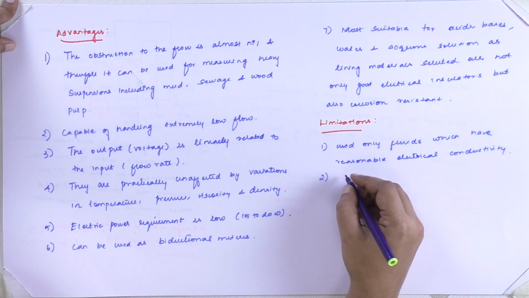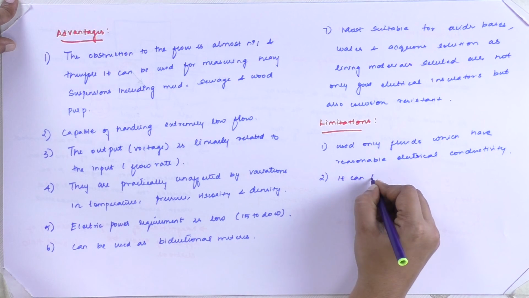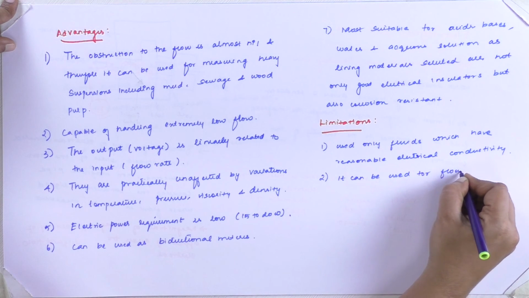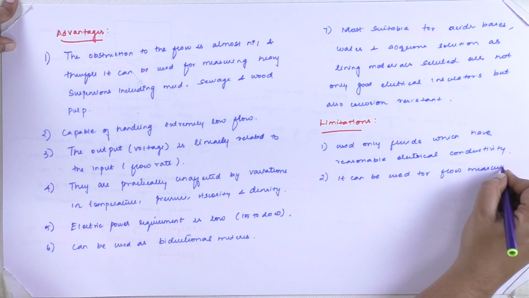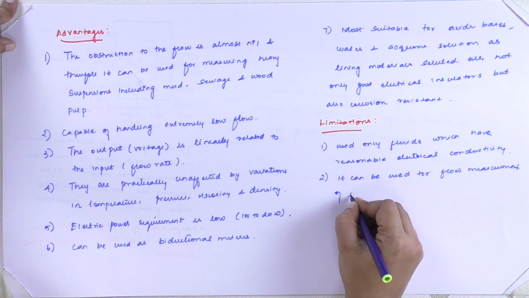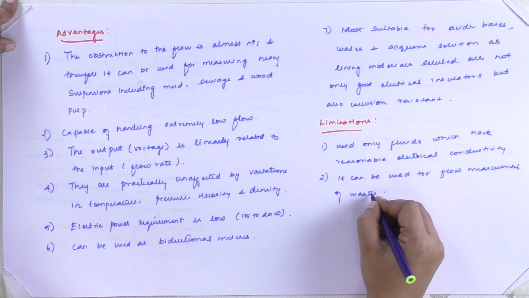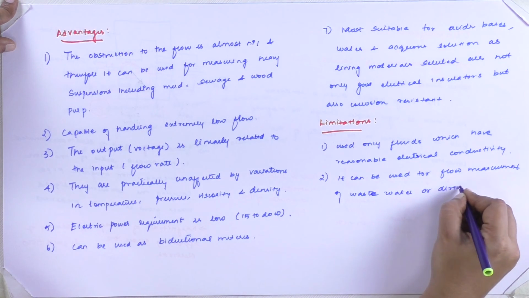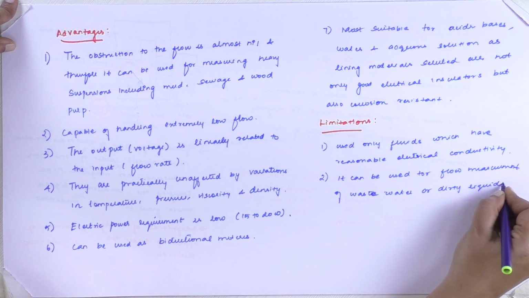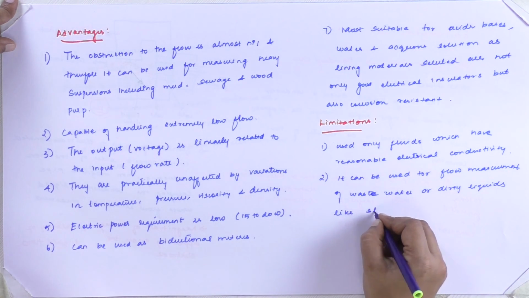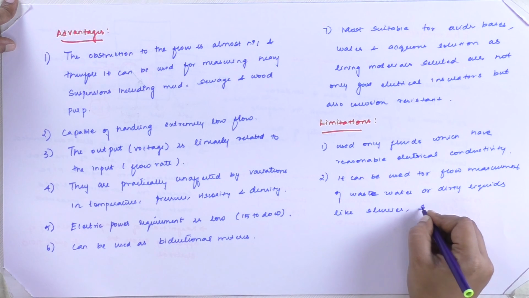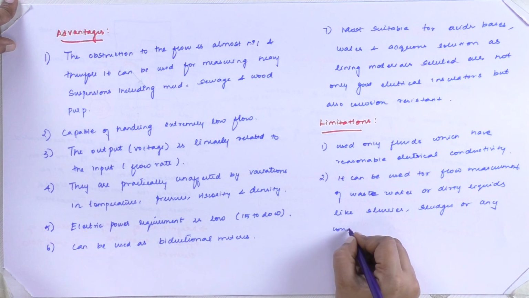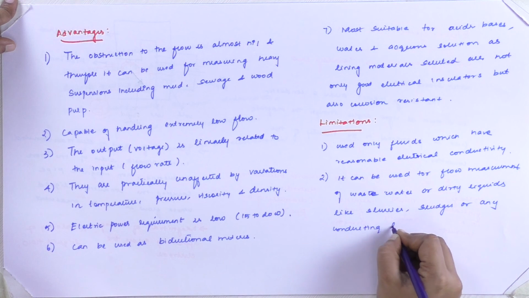Second one is that it can be used for flow measurement of waste water or dirty liquids like slurries, sludges or any conducting liquid.